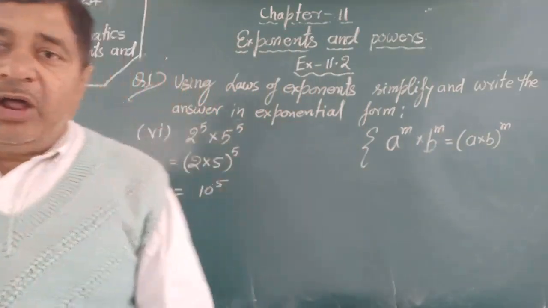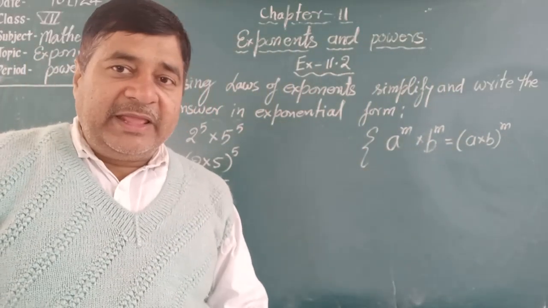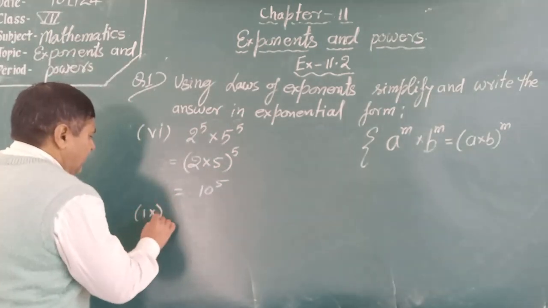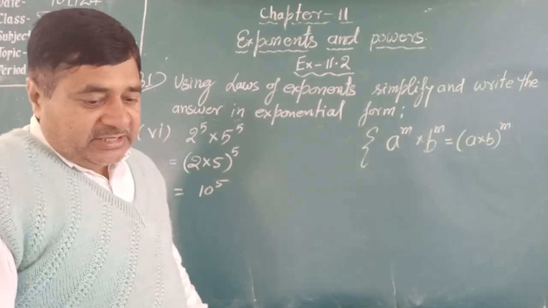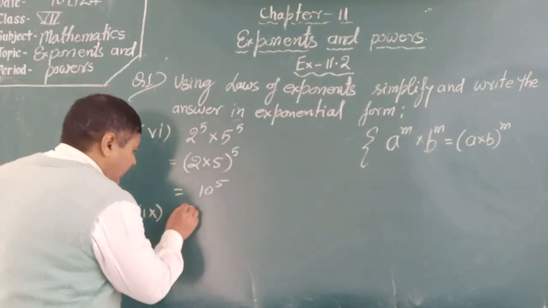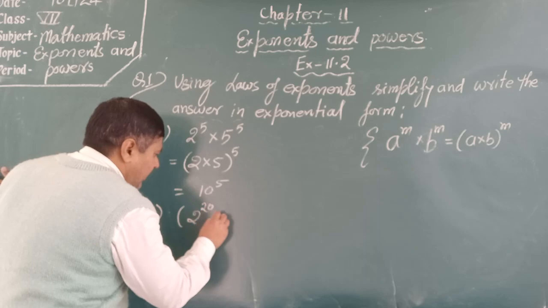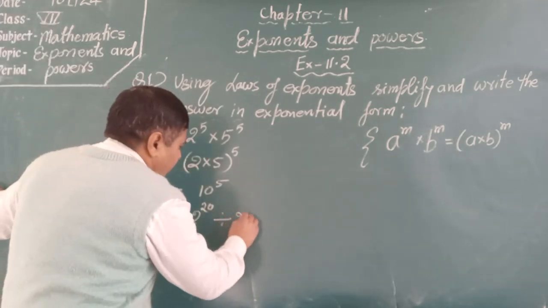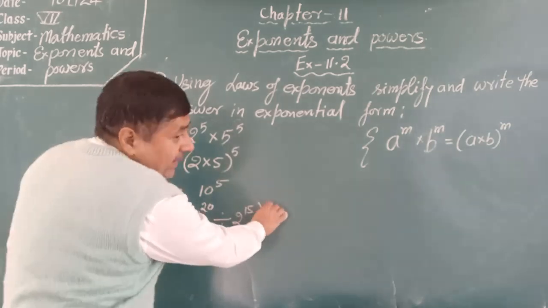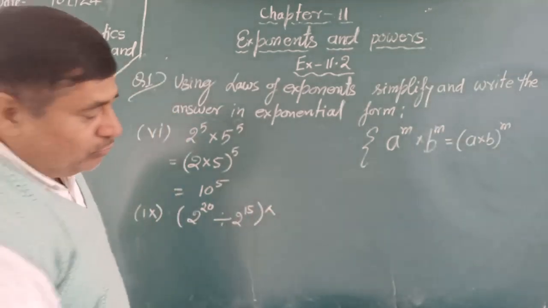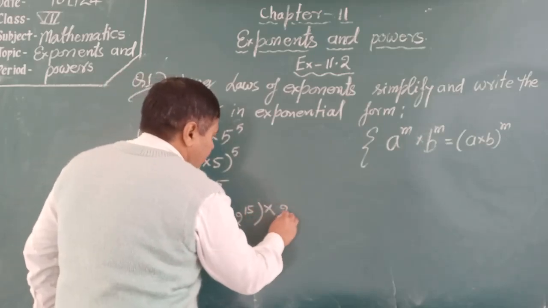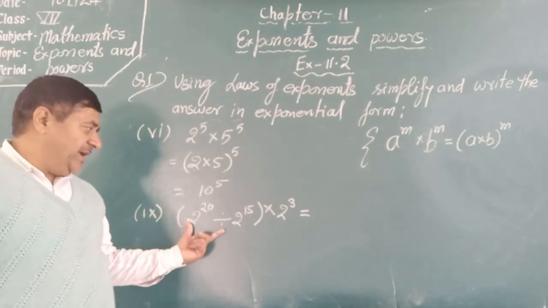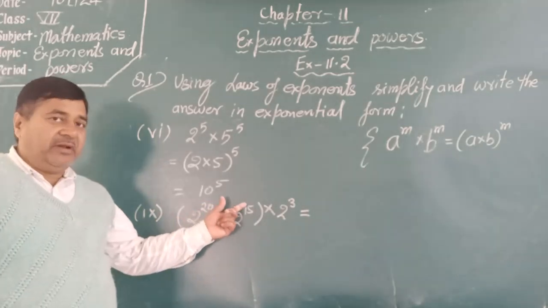Now one more, the ninth part. The ninth part is 2 to the power 20 divided by 2 to the power 15 multiplied by 2 to the power 3. Here you see division, the bases are the same but the powers are different.